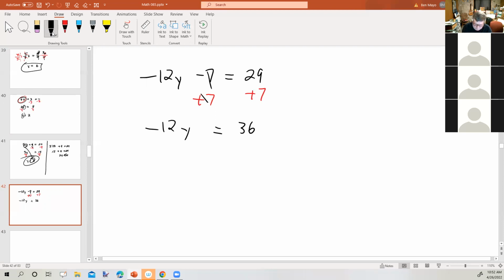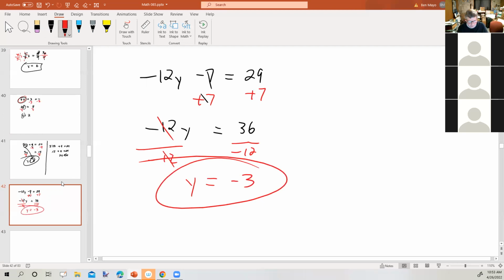And then divide by negative 12 on both sides. Excellent. Isolate the variable. Positive divided by negative is negative. Excellent. Good job. How are we doing? Are we okay with this new thing? We're putting 2 ideas together.